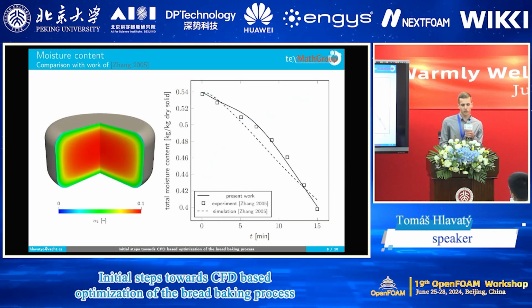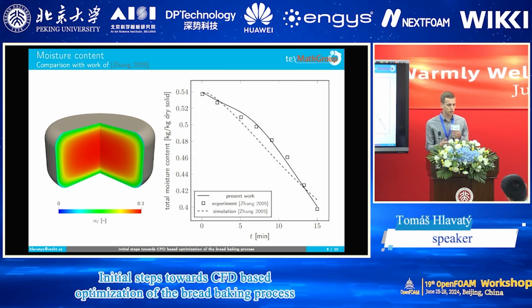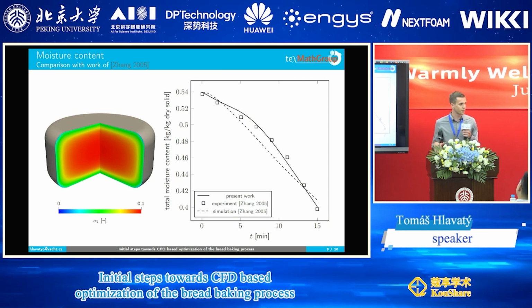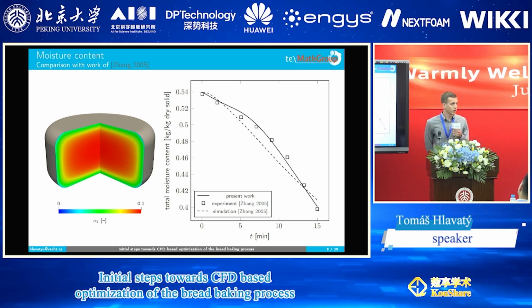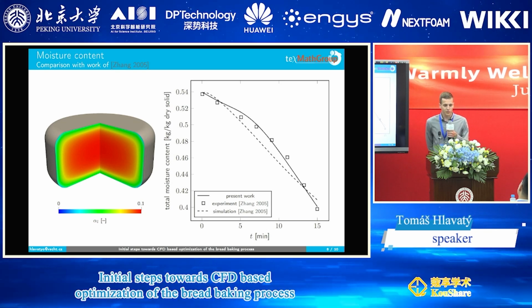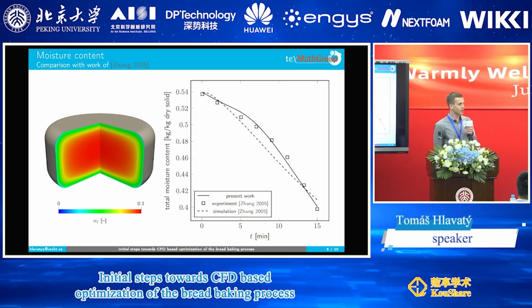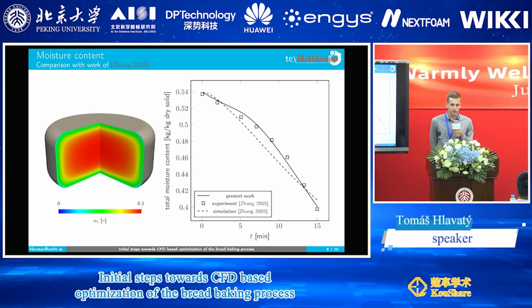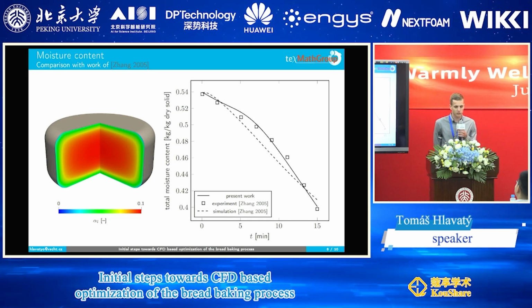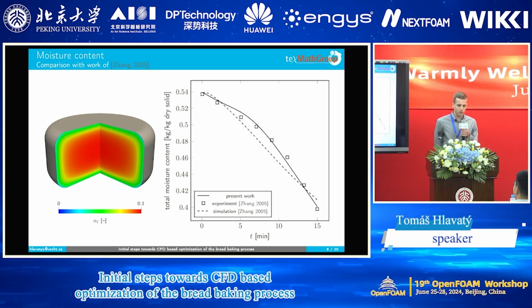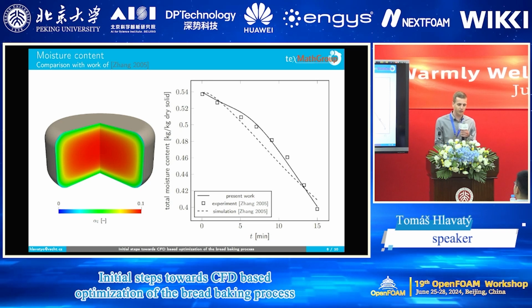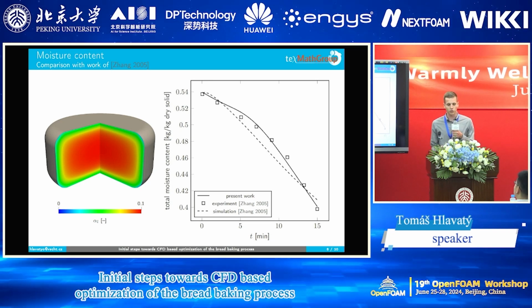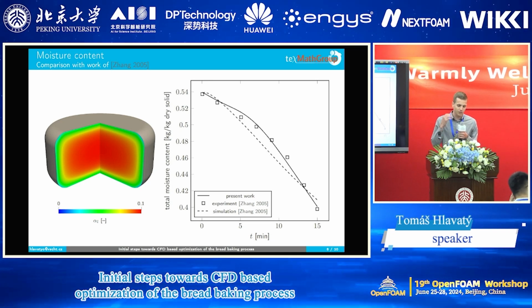Also, the total moisture content depends on baking time, and our results are really good. Honestly, we were really surprised by this result, because it seems that our model is even better than the simulation of Chang, who, as I said, also included bread deformation, crust formation, and so on, and we have a really simple model.